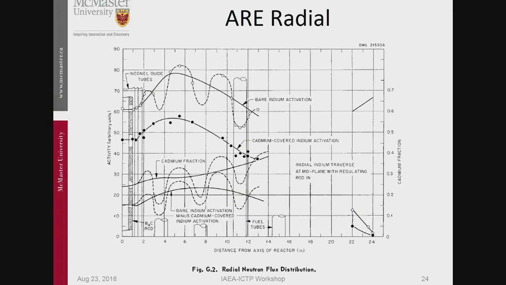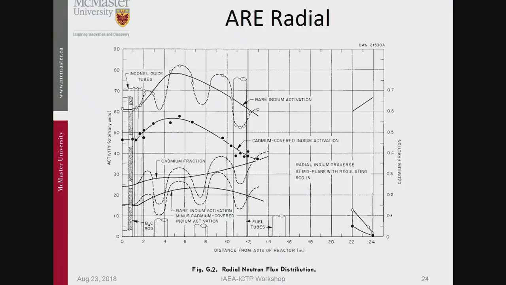Where do you expect the fast neutrons to be? In the fuel. Why? Because that's where they're born. Well, and then they move out and they get moderated. They are everywhere, sure, in the end. But yeah, and actually you can see that from this plot as well.